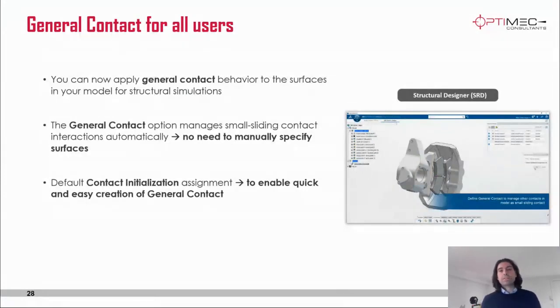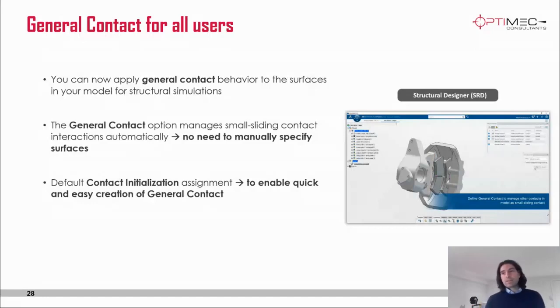You can use small sliding, which is usually the contact that would be used in those types of analysis. There's also default contact initialization assignment when it's created, and essentially it allows you to have a better convergence in your simulation.